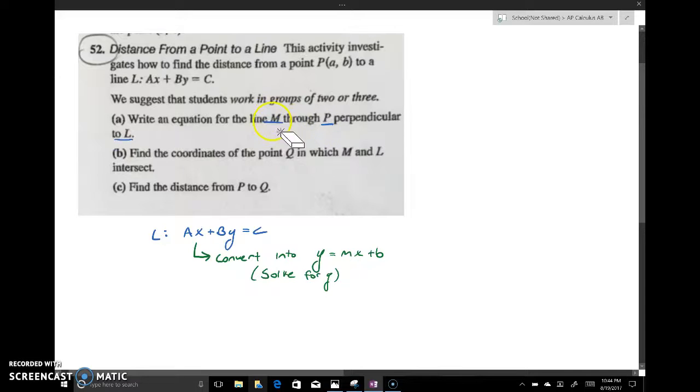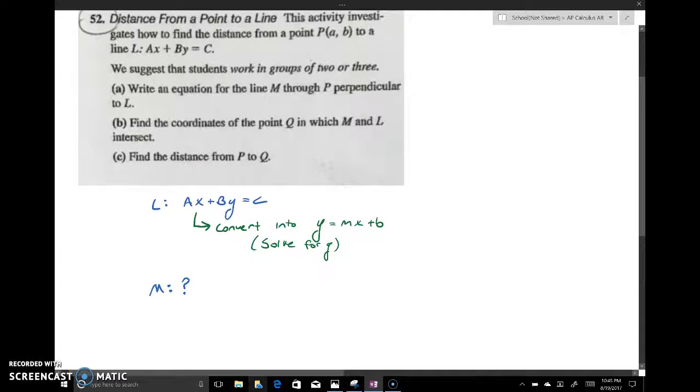So they've asked us to do a lot of things there. So let's break it up. Line M is going to be a new line. We're not sure what its equation is. However, you're familiar with how to write the equation of a line.